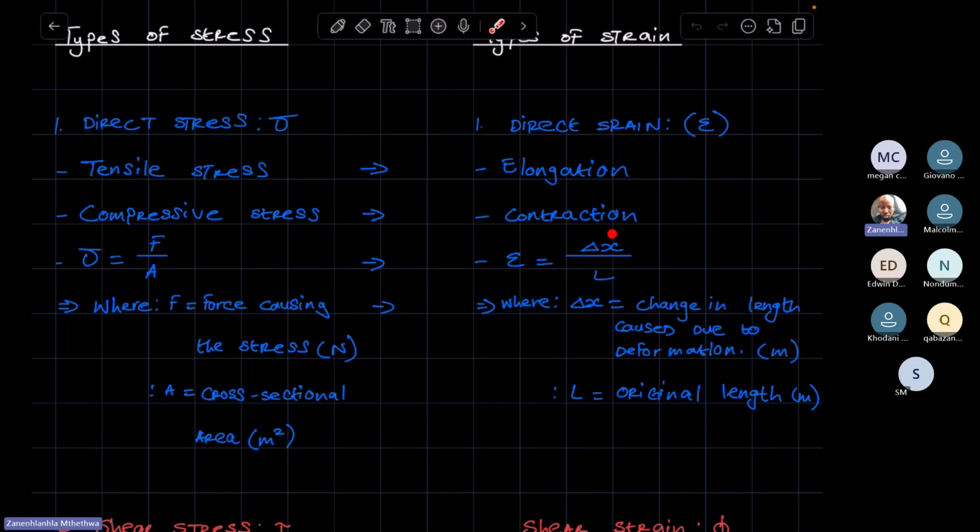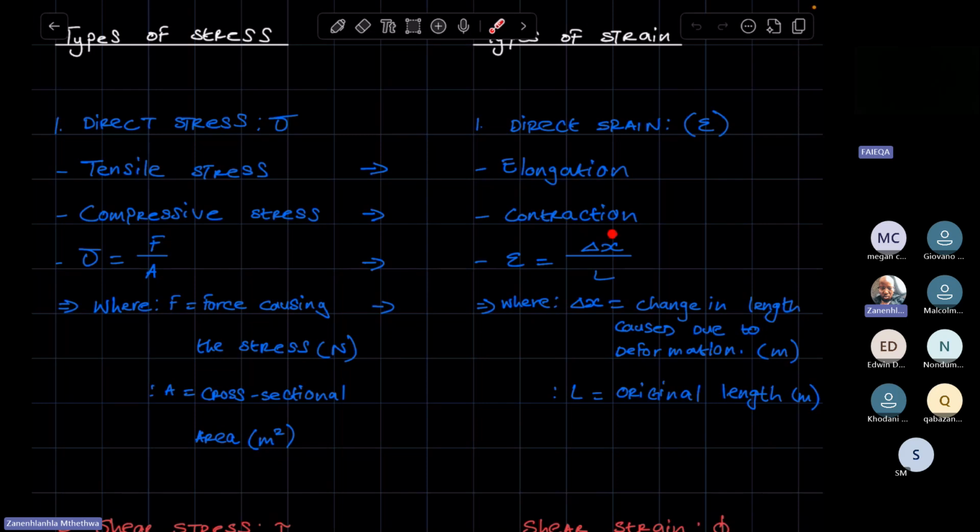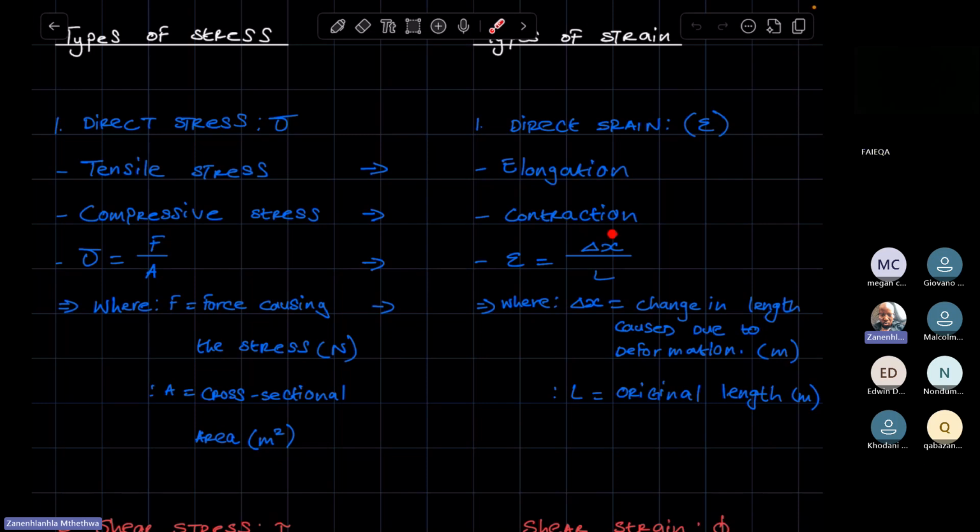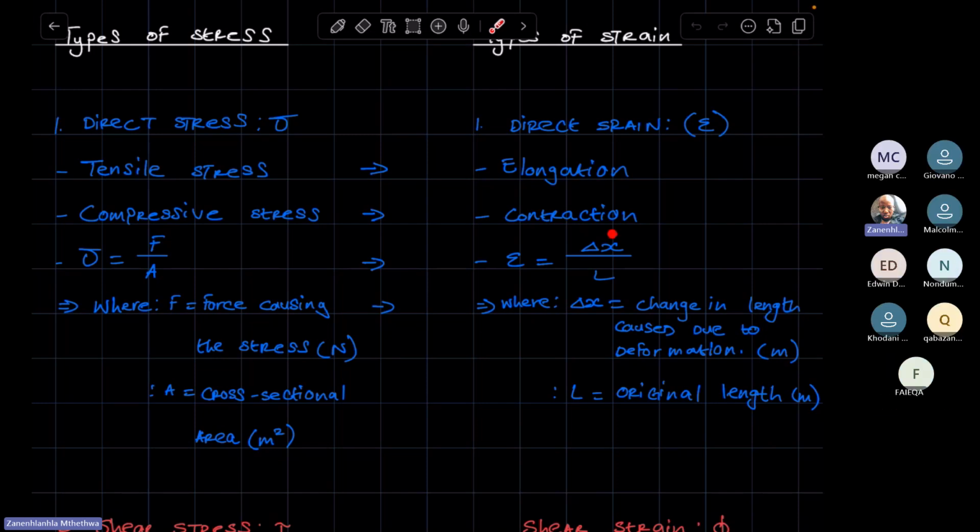Now, change in x refers to the deformation or the change in length that is caused due to deformation. If you subject a material to some stress, it is going to be subjected to some strain or some change in length.